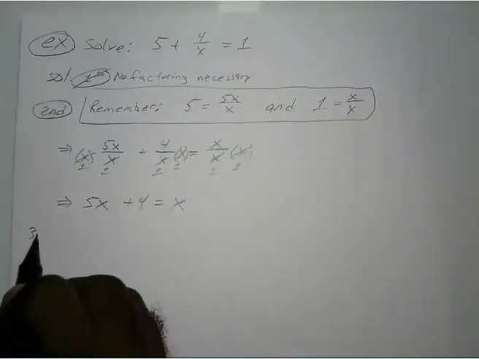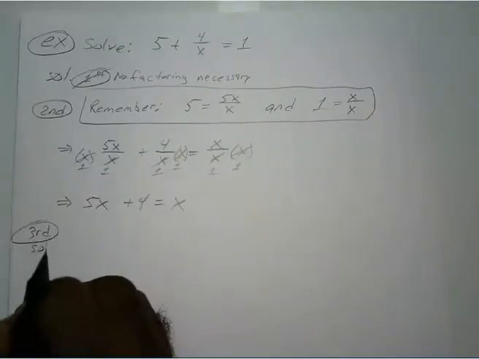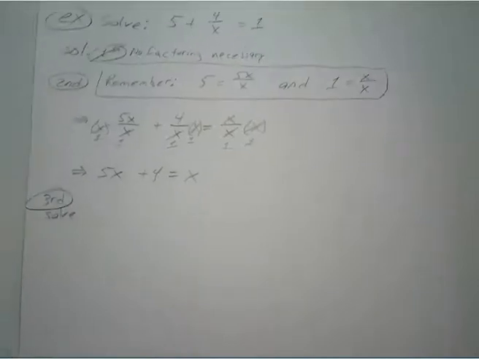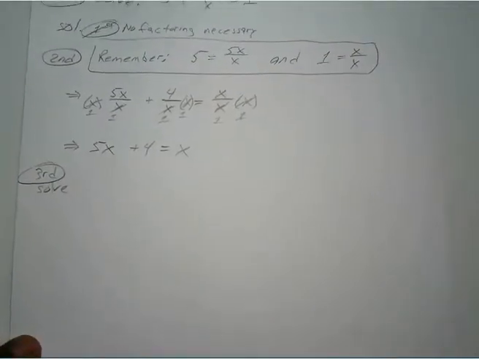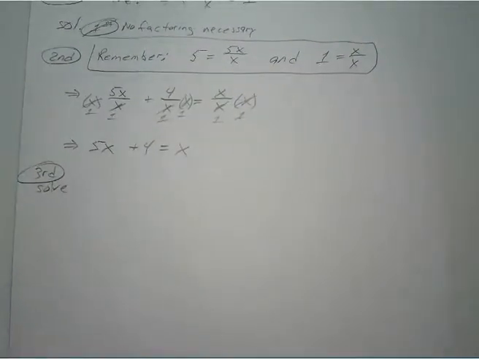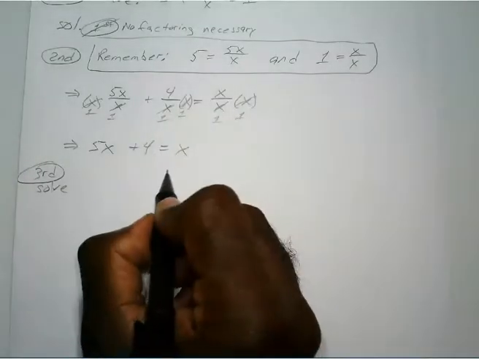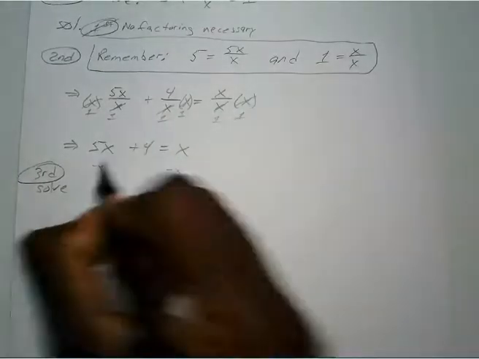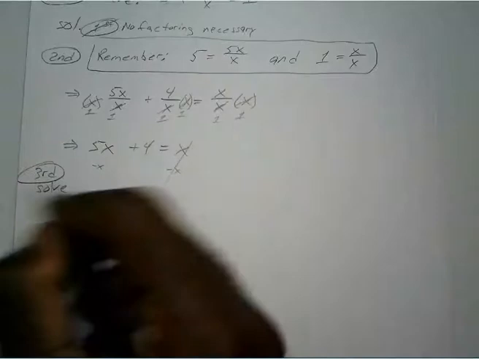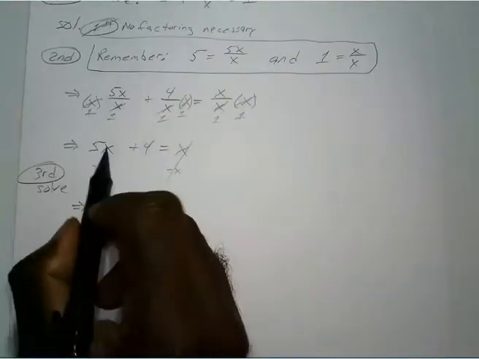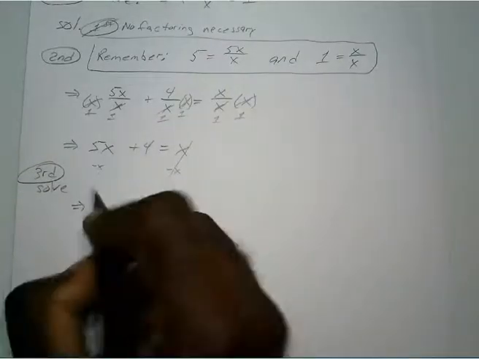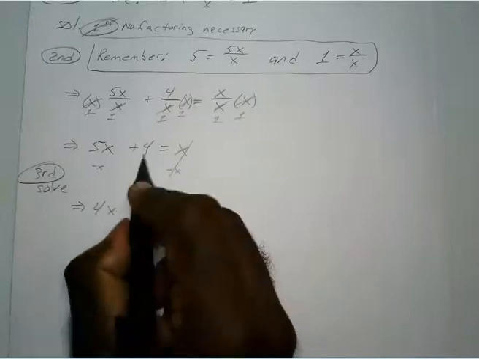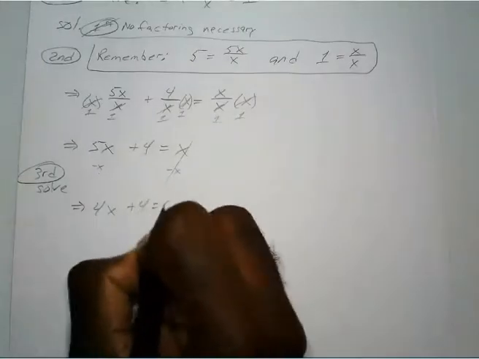Okay, which brings us to our third step, which is just to solve. Bring that up a little bit. All right, so if we go ahead and subtract x from both sides, 5x minus x is 4x. So we have 4x plus 4 equals 0.